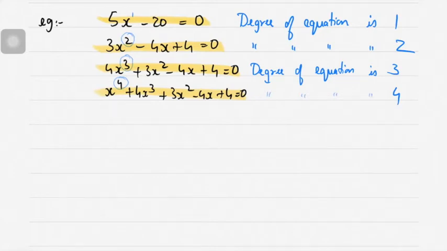Now first we will be solving sums based on linear equations, which is the first one. I'll just write it down for you all. This is called a linear equation. Okay, this is a simple equation. This second one is called a quadratic equation.